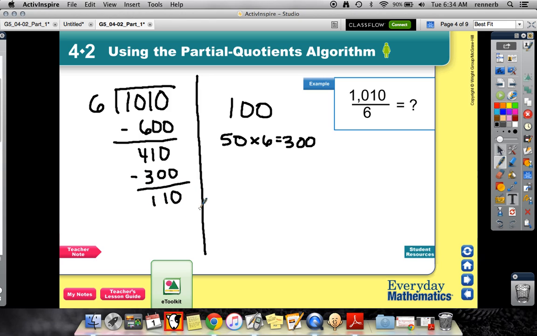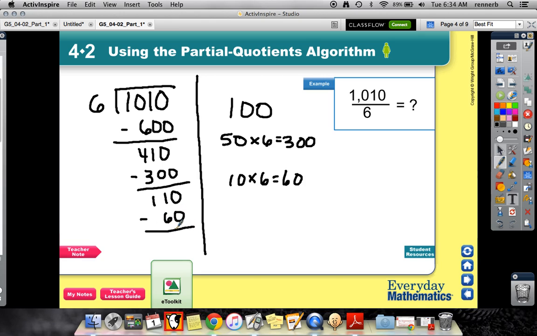Now, how many times will 6 go into 110? Let's see. 10 times 6 again. That's what I could do. 10 times 6 equals 60. So I'll minus 60 over here.